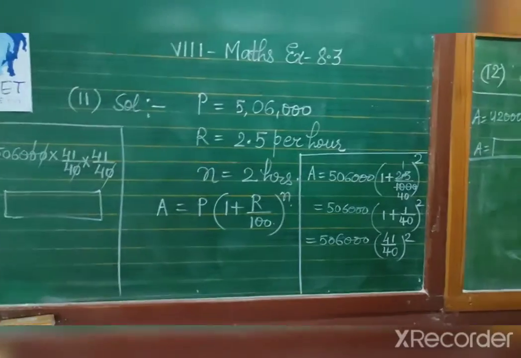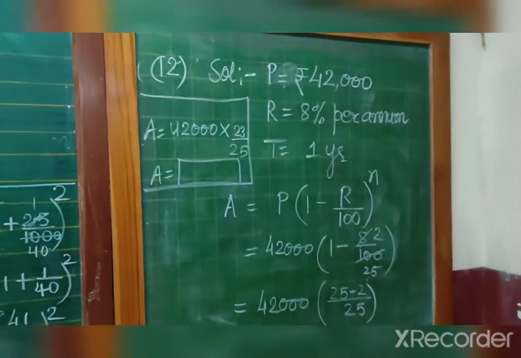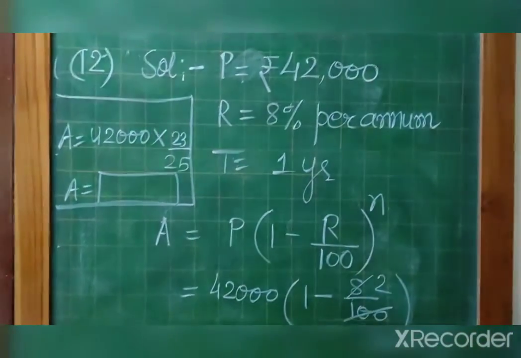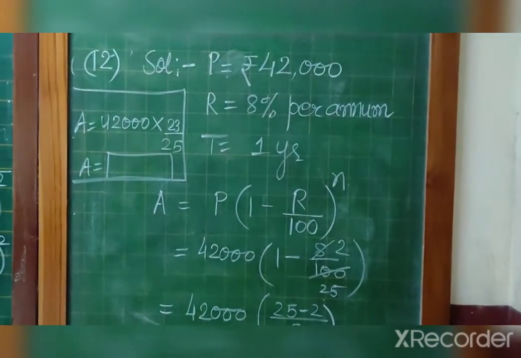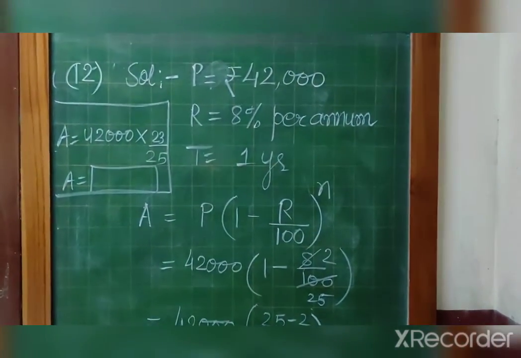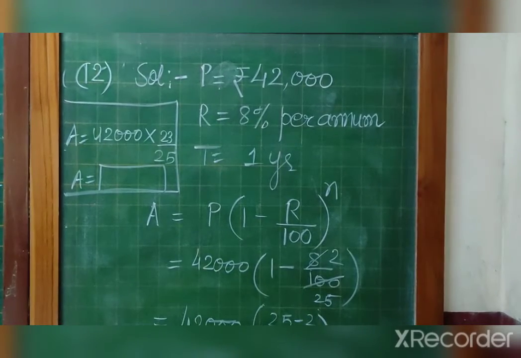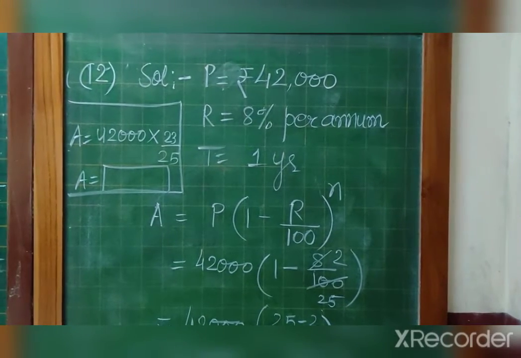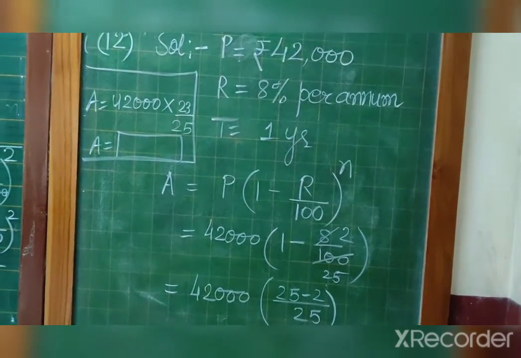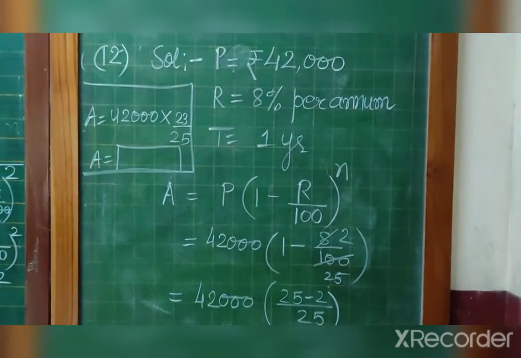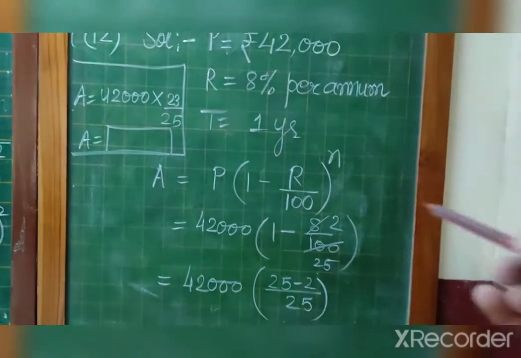In the next question, 12th one, value is depreciating, that means reducing. So what you will do, the price is written here rupees 42,000, rate of interest 8% per annum, and time is equal to 1 year. So minus formula you will apply. So A equal to P into 1 minus R upon 100 to the power n. Time period is 1, so no need to write the time period.